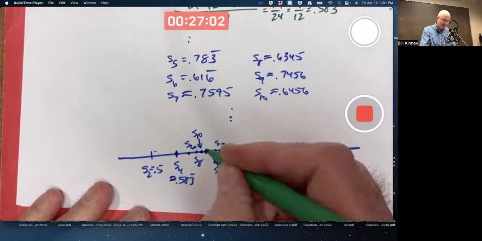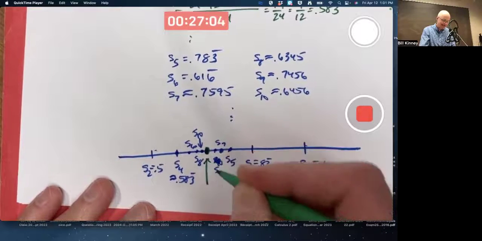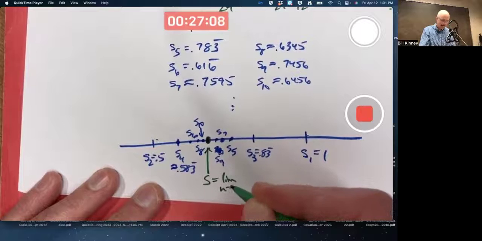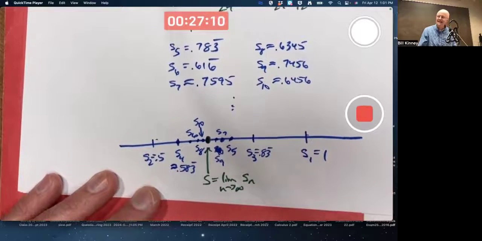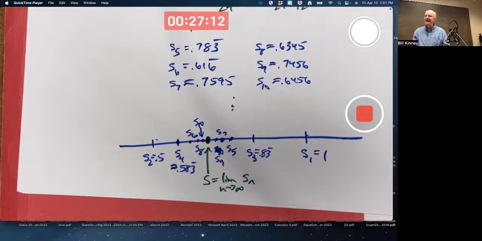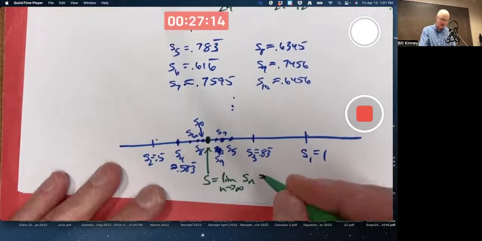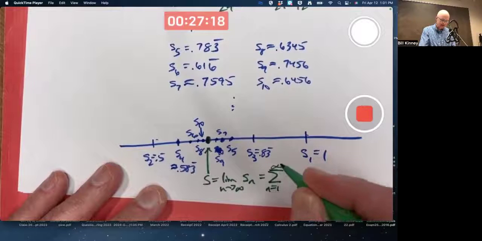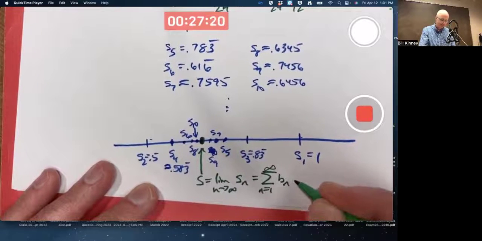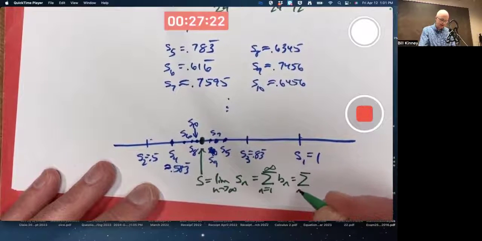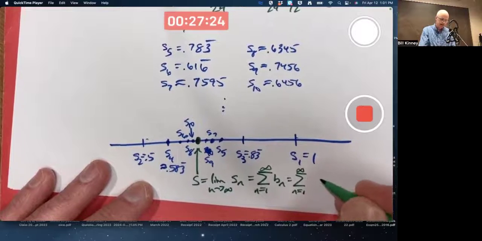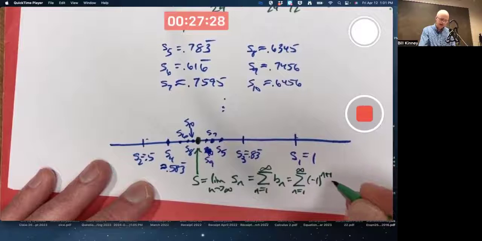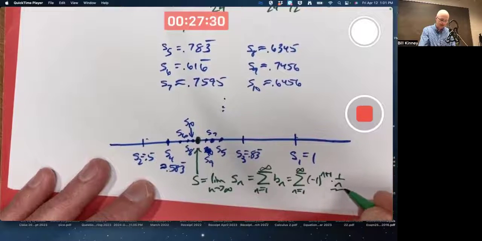To some limit right there, call it S. The limit of the S_n does exist. It can be proved, and we're about to prove it with the alternating series test. That is the sum of the b_n, which is the sum with our notation from the a_n in this example of -1 to the n plus 1 times a_n, where a_n is 1 over n.